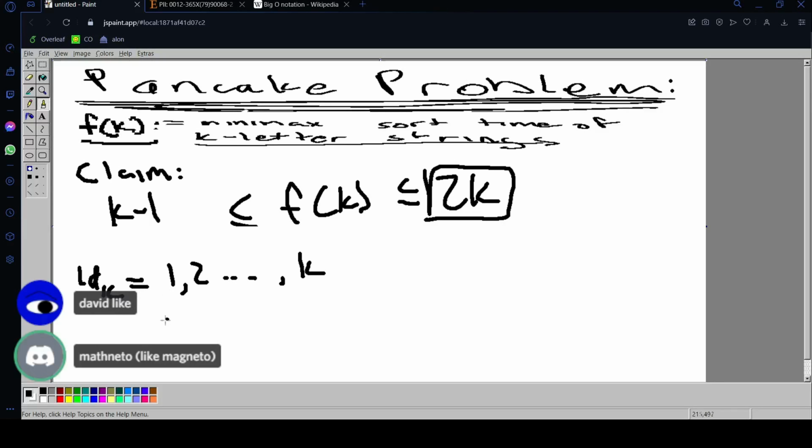Given a string, the function sends 1 to the first letter, 2 to the second letter, k to the kth letter, and here each number from 1 through k is sent to itself, and so it's the identity.